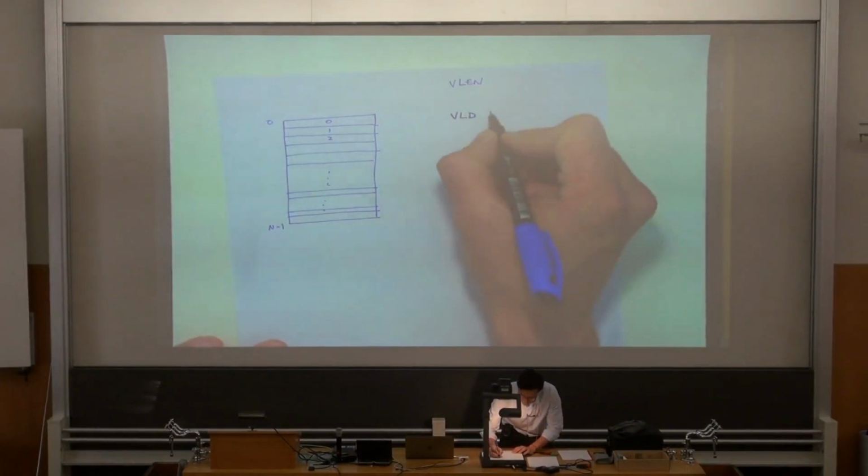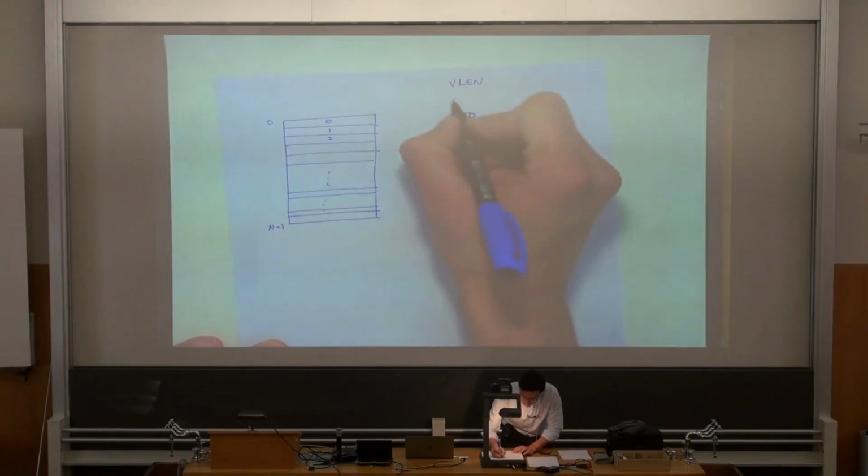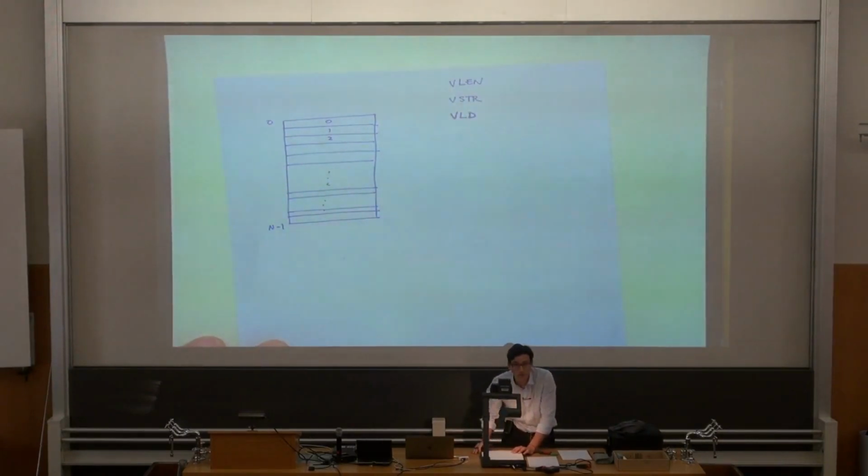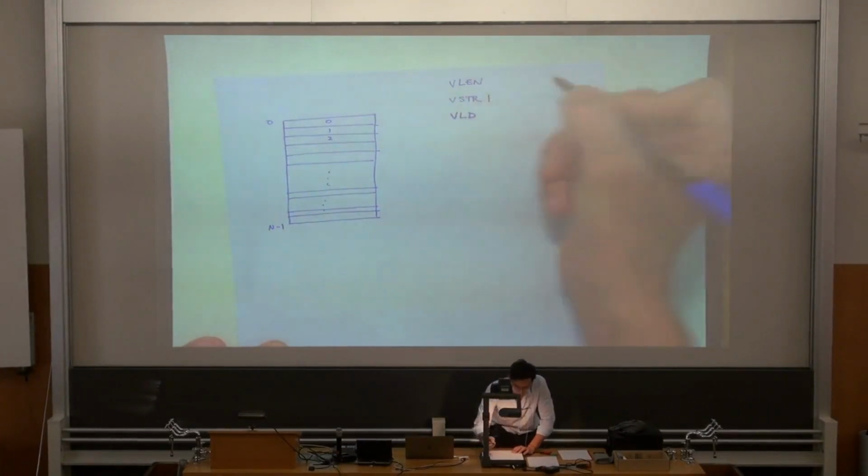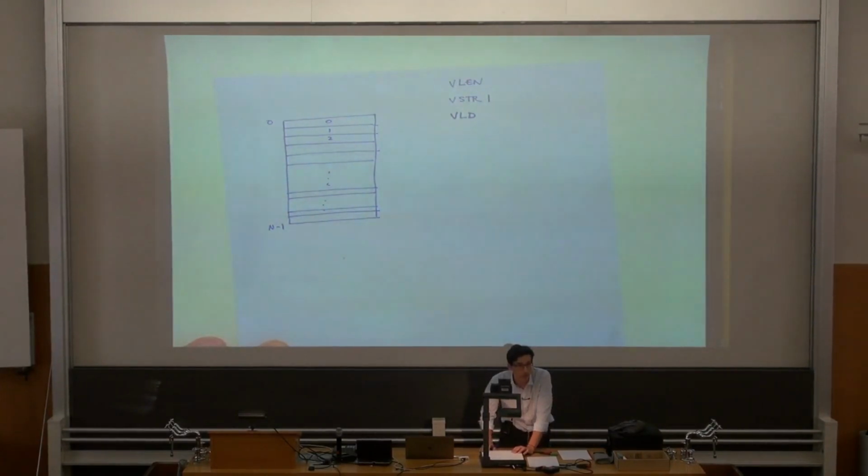The second thing that we have to define is the vector stride. The vector stride defines the distance in memory between the elements that we are going to operate on. Let's start with the simplest case, vector stride equal to 1.